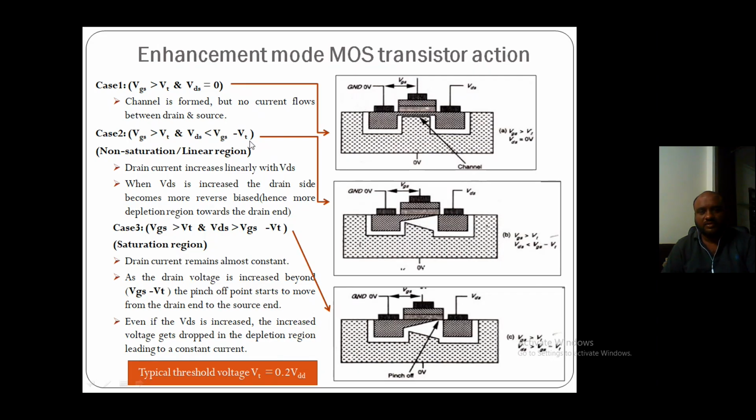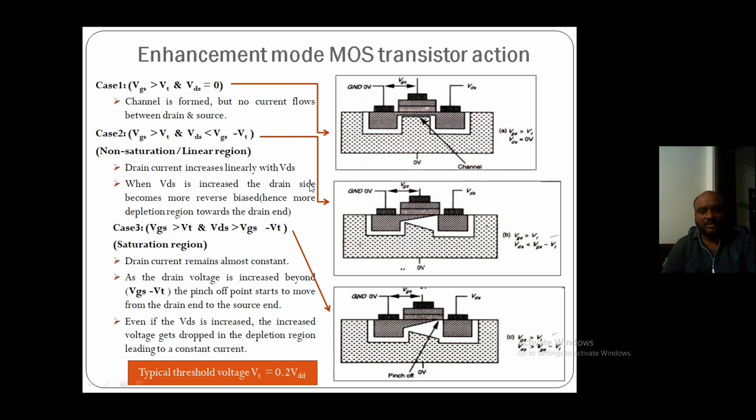VGS minus VT refers to, after forming the channel, how much of the gate voltage is left over that will be appearing at the edge of the source. Whereas VDS is the voltage applied between drain and source. So in this case, the drain current increases linearly with VDS. As there is a potential difference, the current starts increasing.